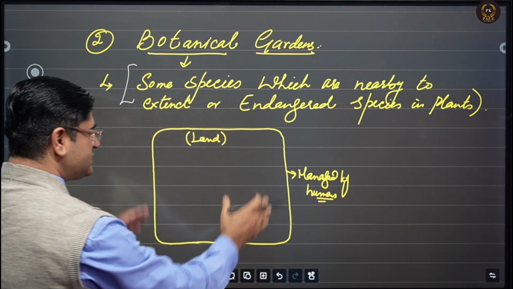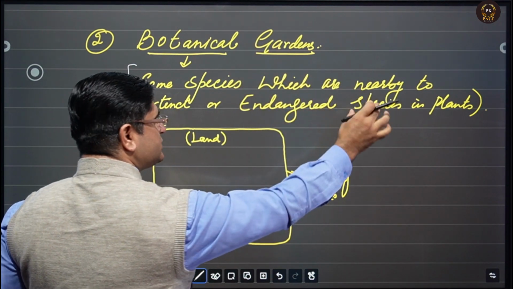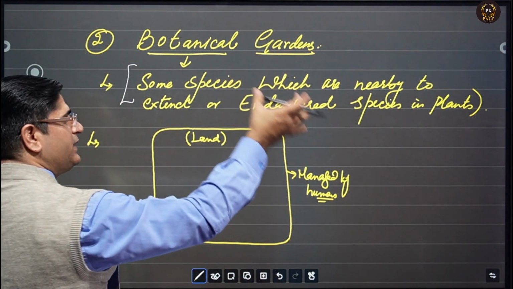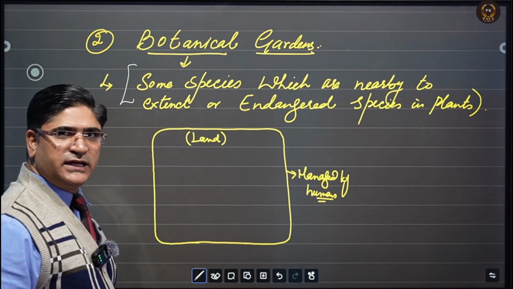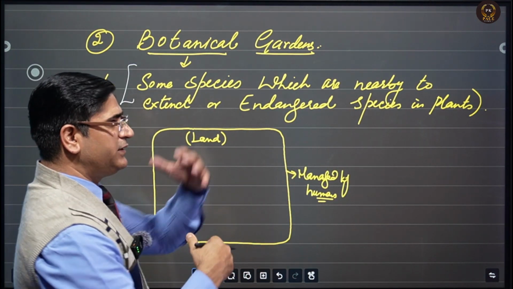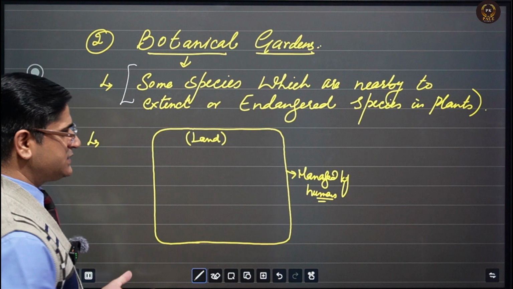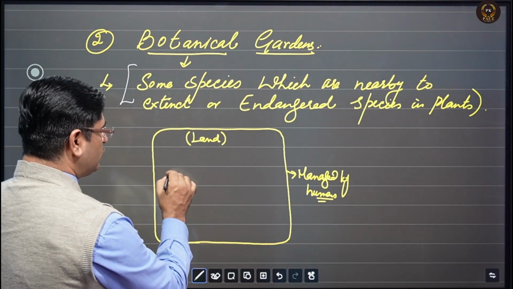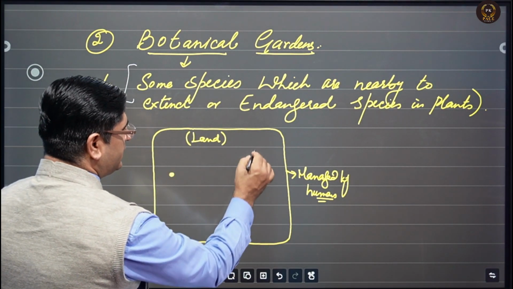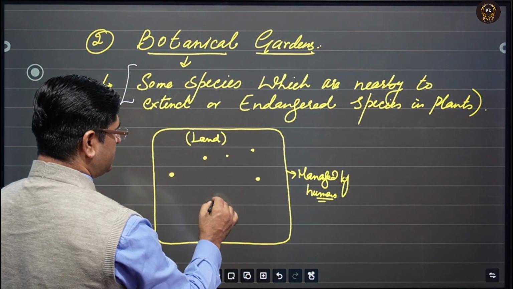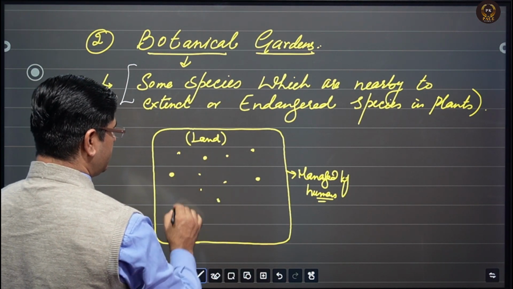In this land, these endangered plant species collected from different geographical areas are grown completely in this tract of land.